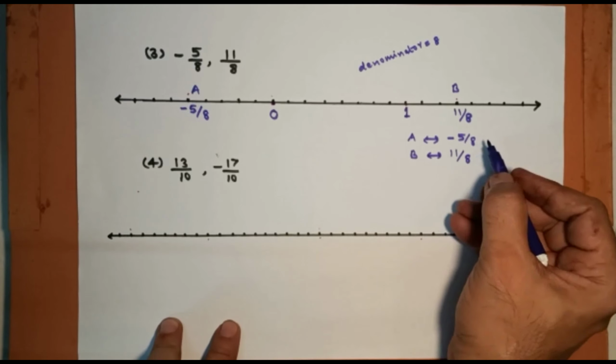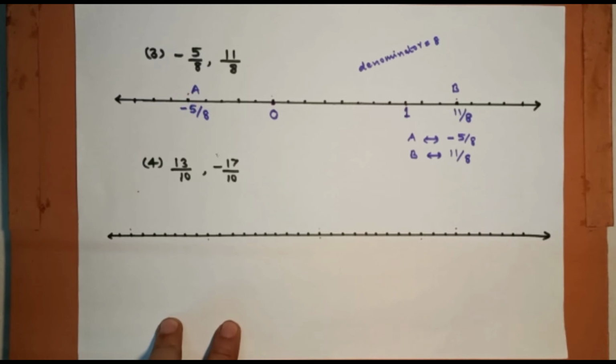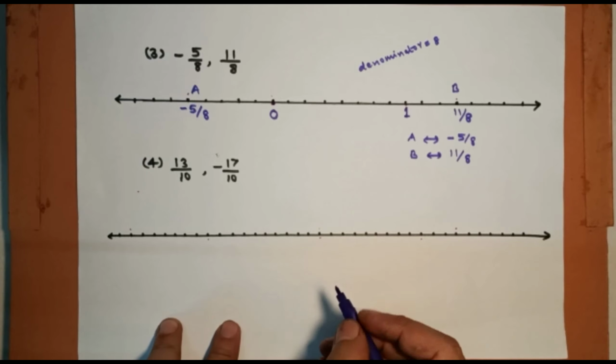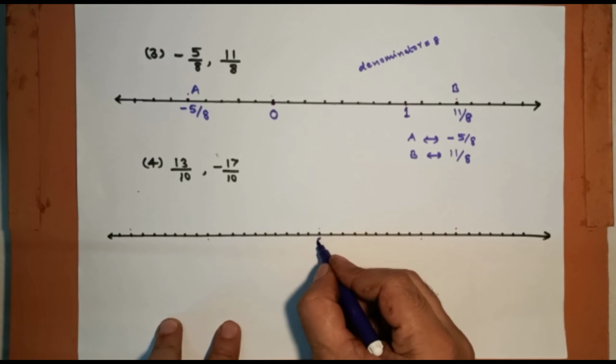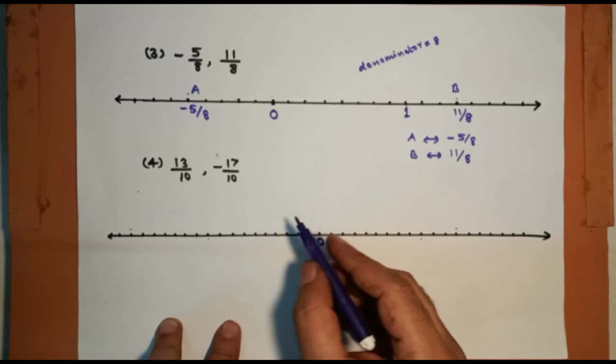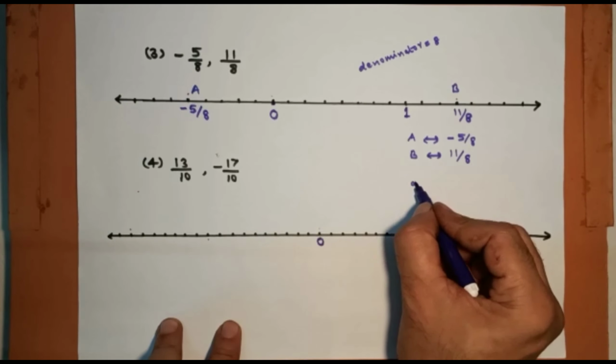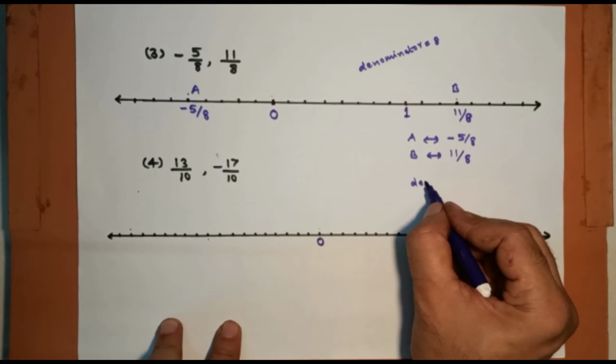Now the fourth question, 13 upon 10 and minus 17 upon 10. Same way, draw a line, put the points and take one point as 0. See, your denominator is very big, 10, so your scale will be very small.